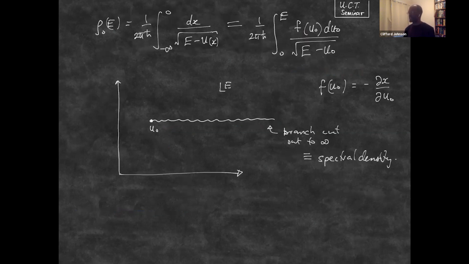Another useful trick is to realize that I could change variables in the integral and work instead with U. So I have some Jacobian, which is just f of U. I throw in an additional minus sign so that I have the integral going from 0 to E, keeping things real, f of U dU naught. And that integral is something that arises extremely naturally in this language.